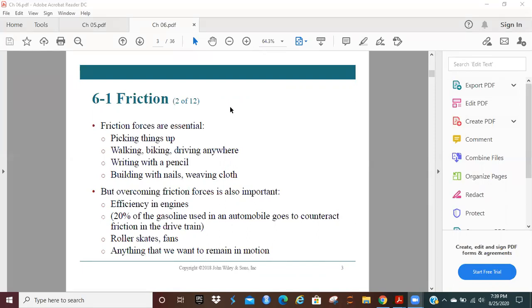However, overcoming friction can have its problems. One of those is efficiency in engines. And this is a fact I wasn't aware of: 20% of the gas that's used goes to counteract friction in the drivetrain.